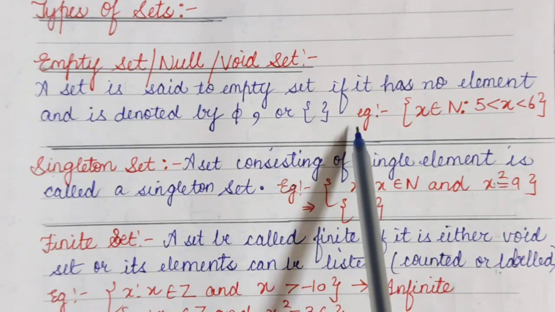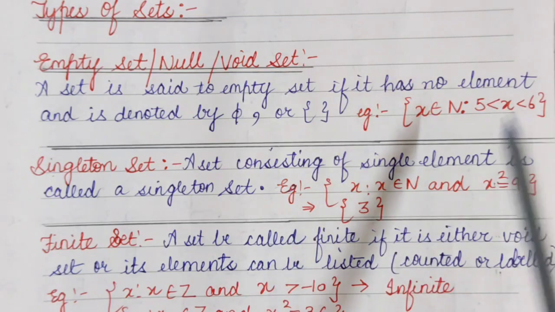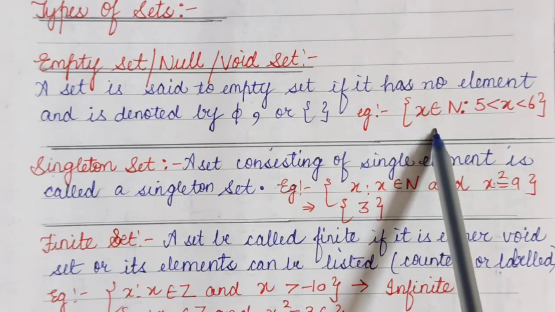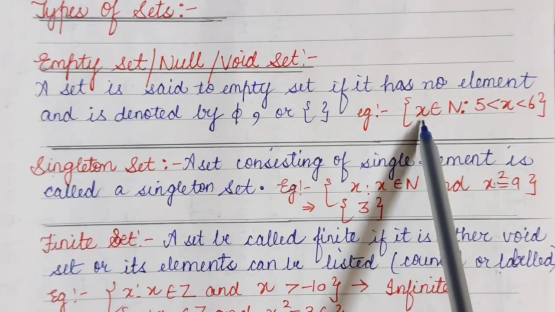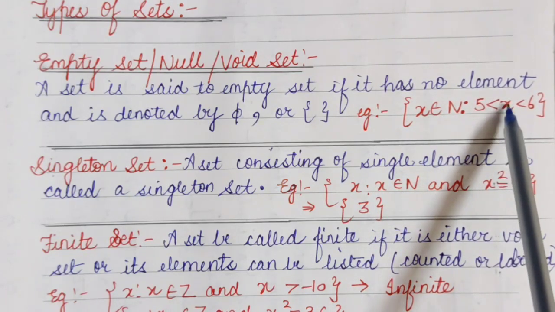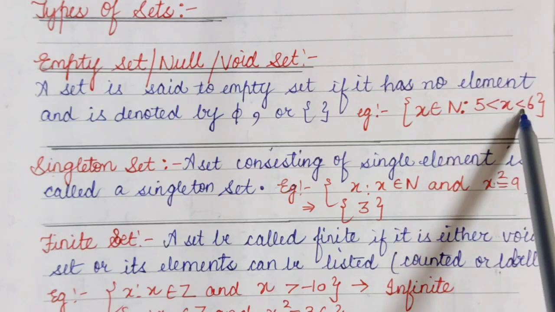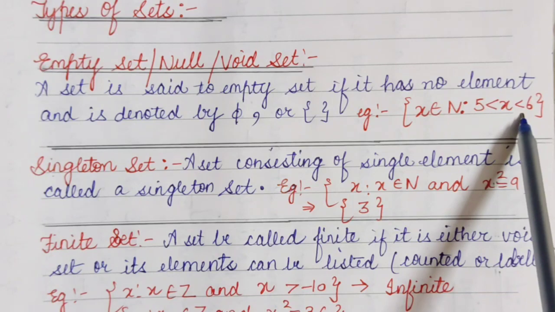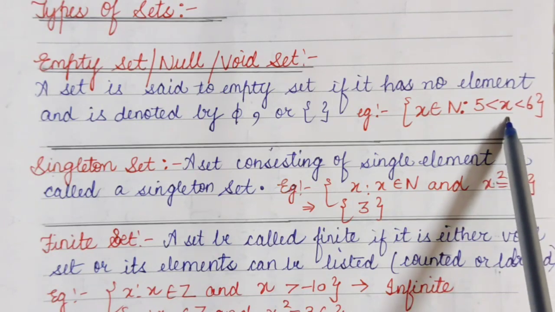Like see here, one example I have given, curly brackets x belongs to N. That means x should be a natural number such that x is greater than 5 but less than 6. If we see greater than 5, it means it can be 5.1, it can be 5.2 and so on.